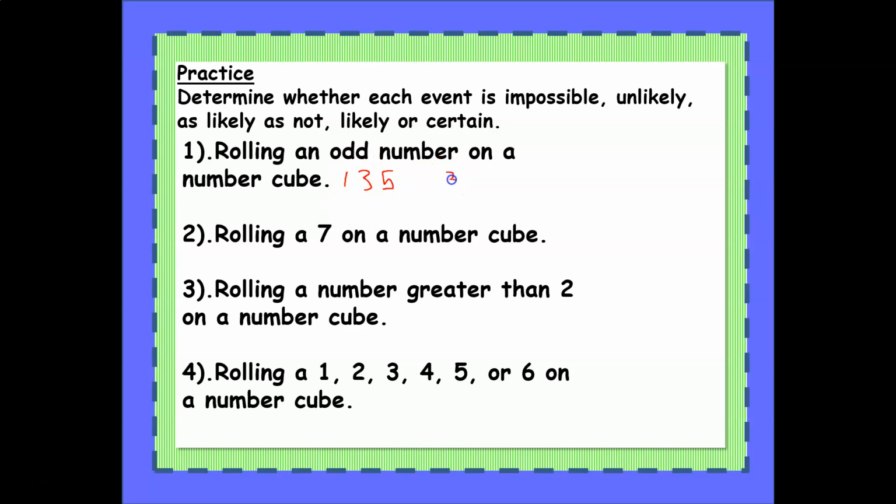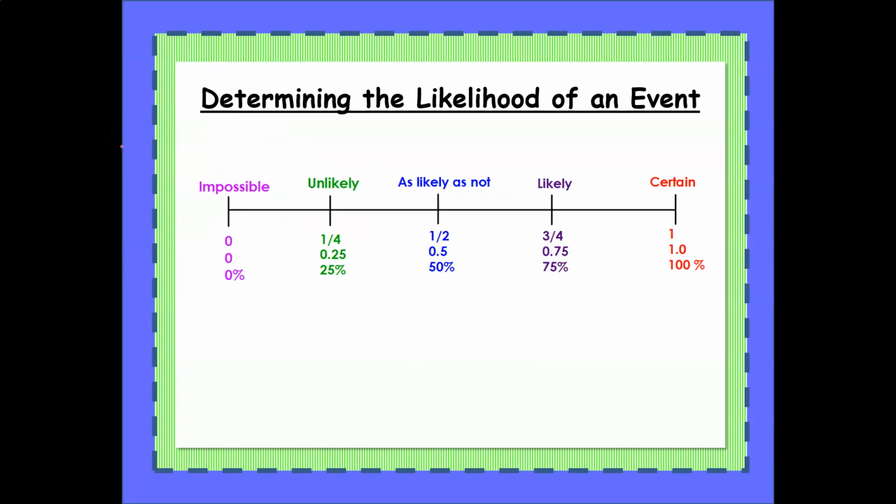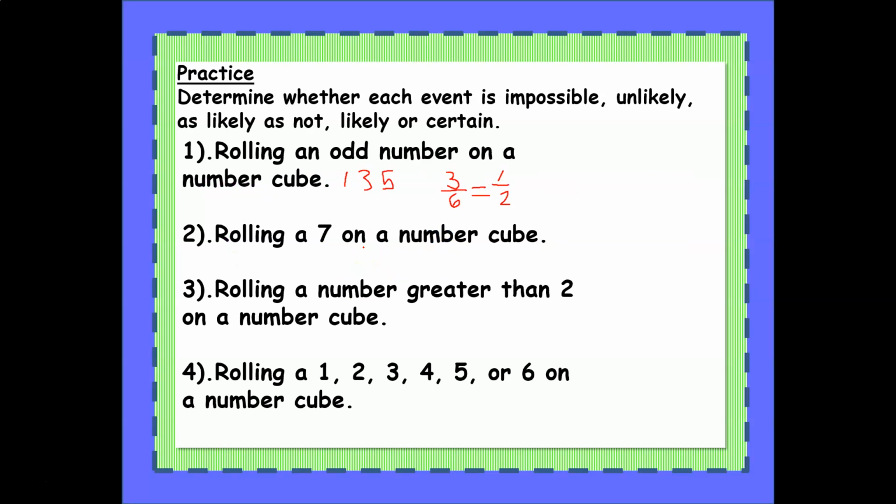So your probability would be 3/6, or 1/2. So if we think back to our continuum, that will give us as likely as not to occur.